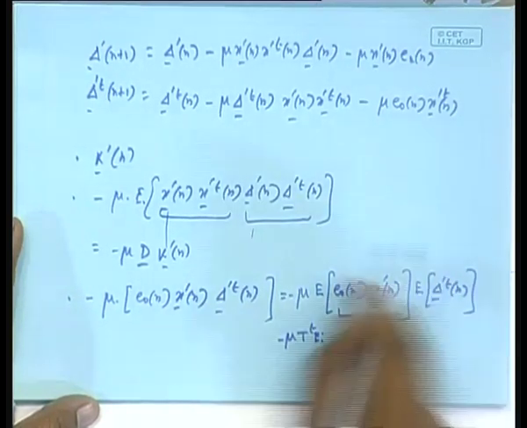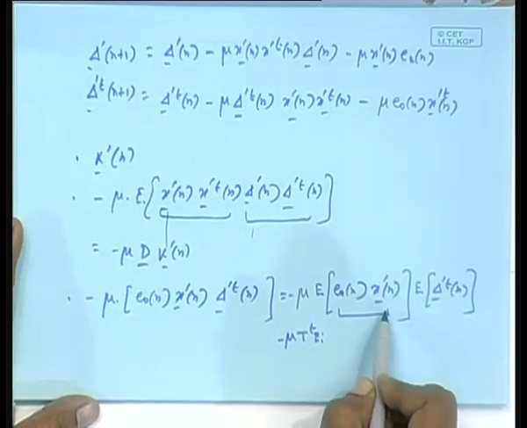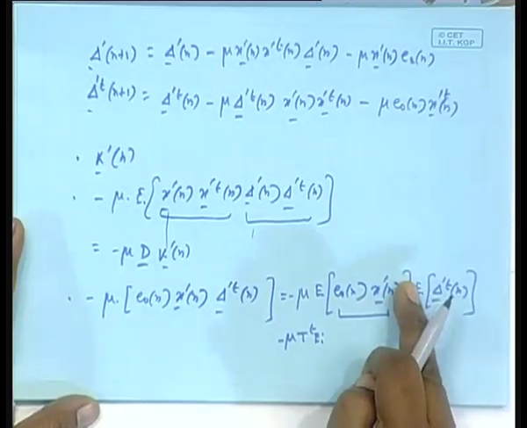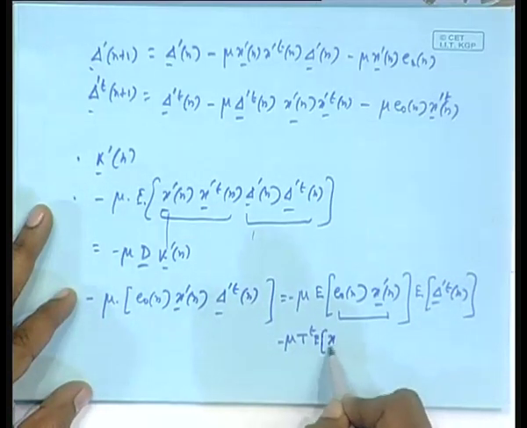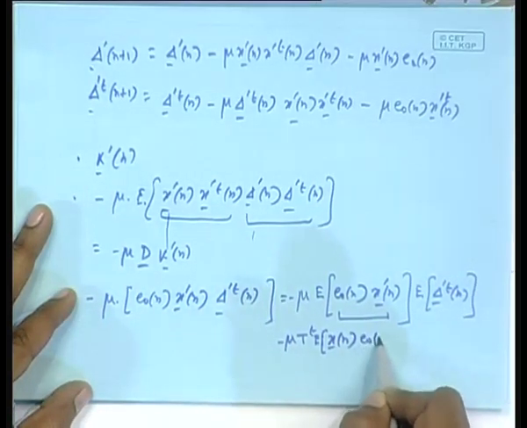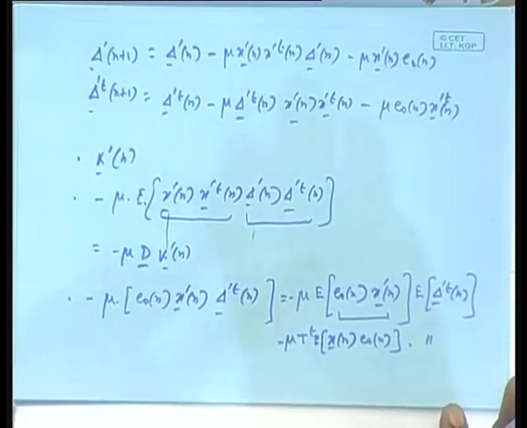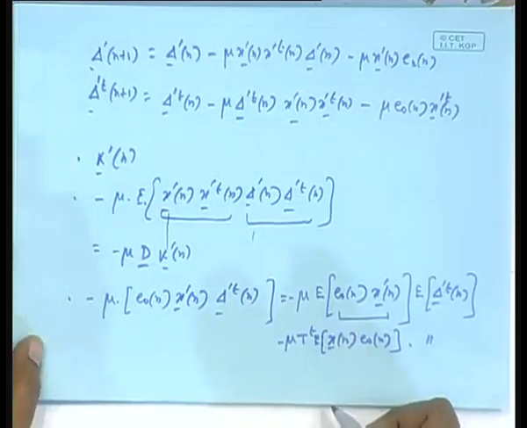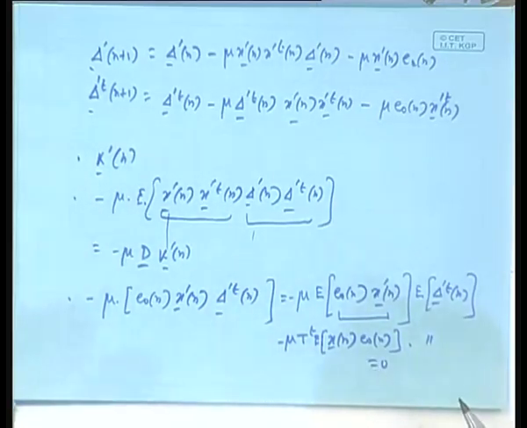E_o(n) is a scalar only, so you can push it to the right-hand side: T transpose x(n) into E_o(n). E_o(n) is a scalar, T transpose you take out, times this quantity. But E_o(n) is orthogonal to all the components of x(n) because E_o(n) is the optimal error. So correlation is 0, and this will give rise to 0.